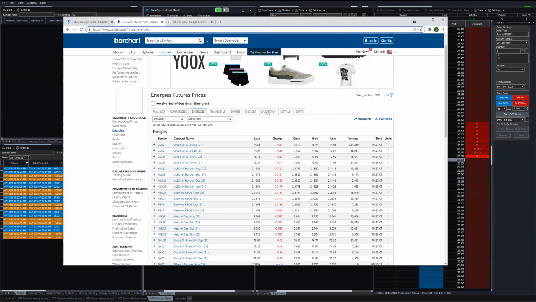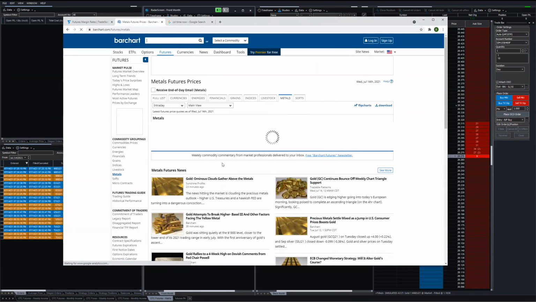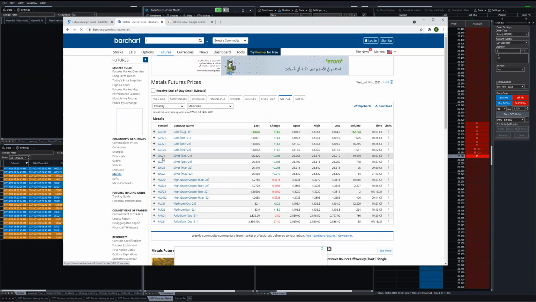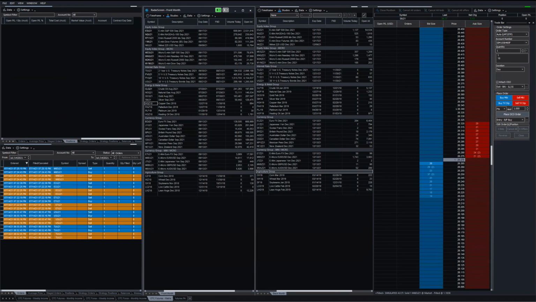copper. Then we would go to energies, we would go to metals. I just did. You see gold, right? Q, silver, U, copper, U, platinum, V, palladium, U. You just have it very nicely on bar chart. So I just put it here on the right on my screen. So anyway, very simple.